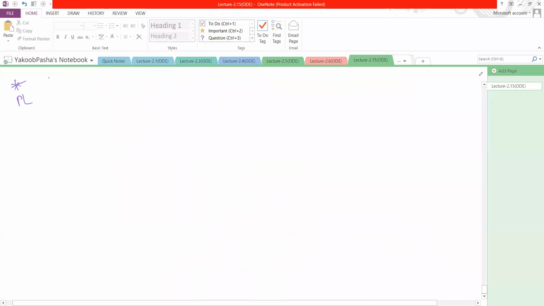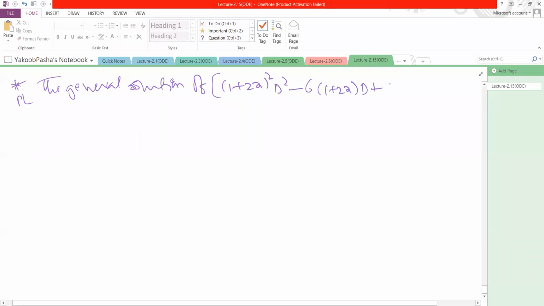The general solution of (1 plus 2x) whole square d square minus 6 into (1 plus 2x) into d plus 16 into y is equal to 8 (1 plus 2x) whole square.